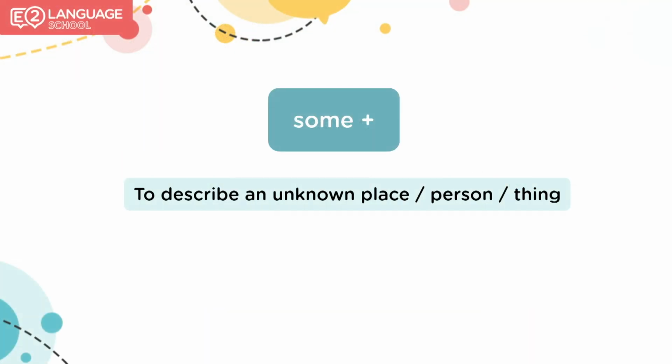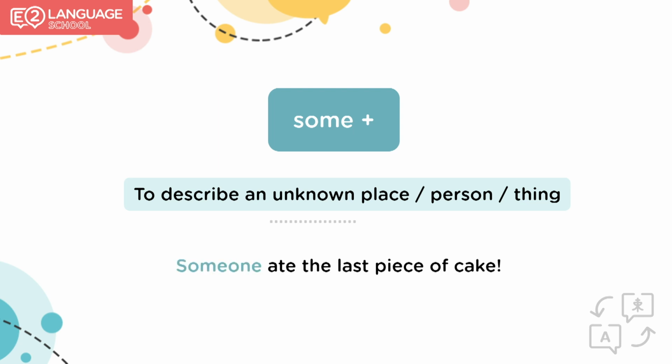Okay, moving on now, some. We use this to describe an unknown place, person, or thing. So again, if unknown is a new word for you, check this one. For instance, someone ate the last piece of cake. So I know that a person ate the cake, but I don't know who ate the cake.